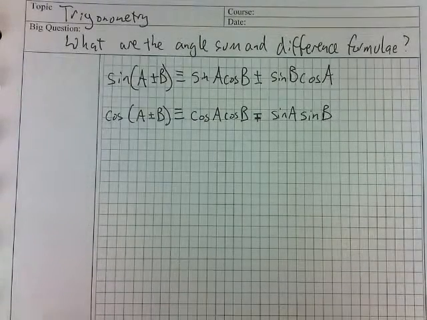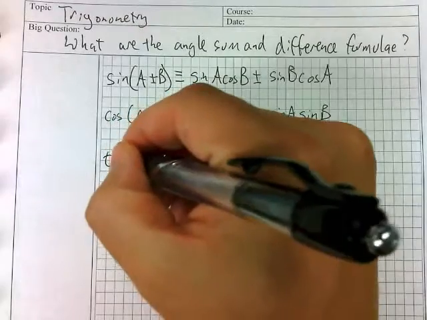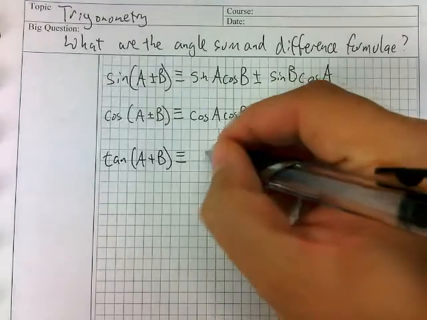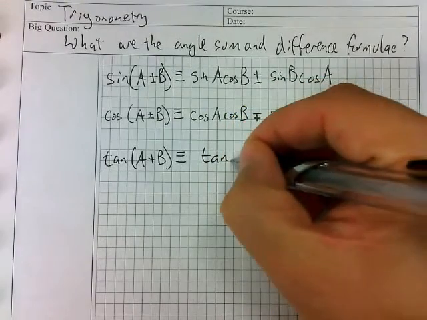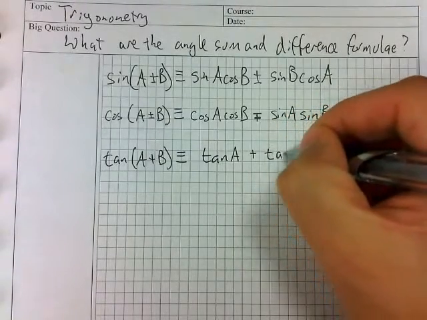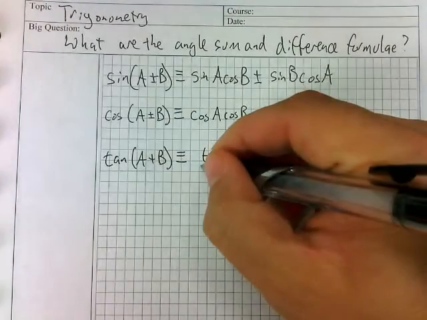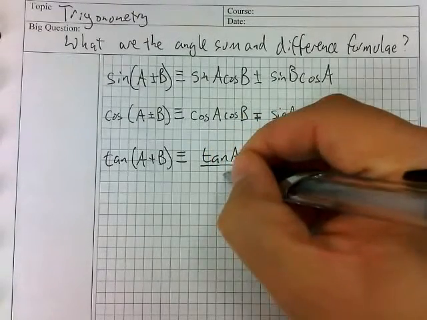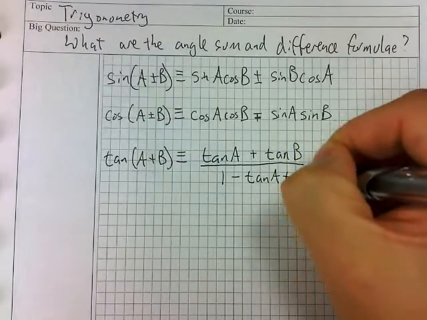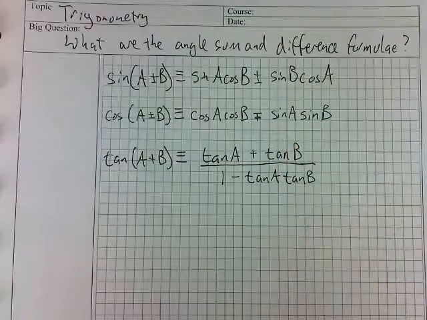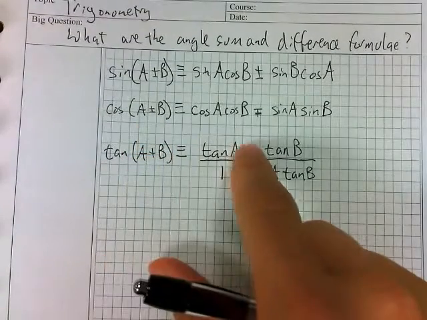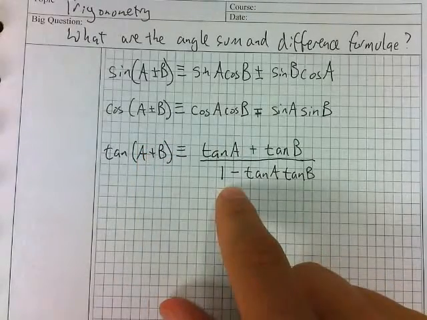All right, the tangent addition and subtraction formula is tangent a plus tangent b all over 1 minus tan a tan b. Okay, so this one's a little bit trickier, but notice this sign and this sign are the same, and then this sign and this sign are different.